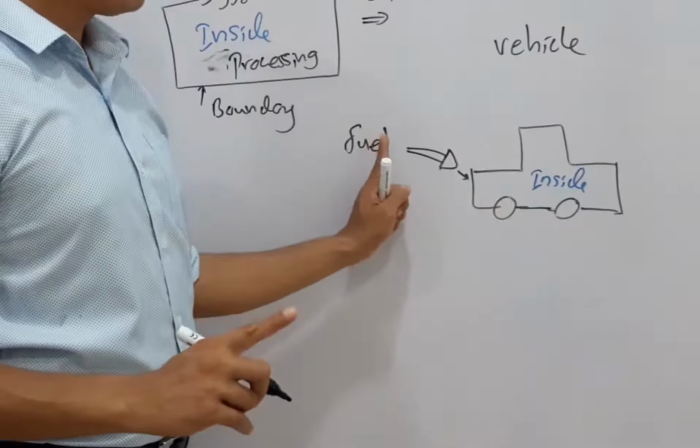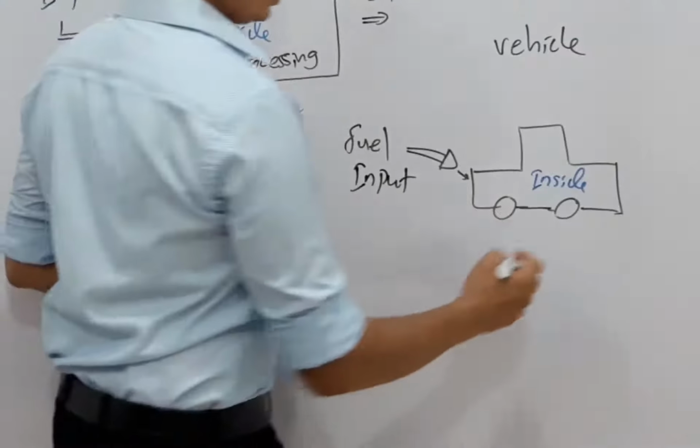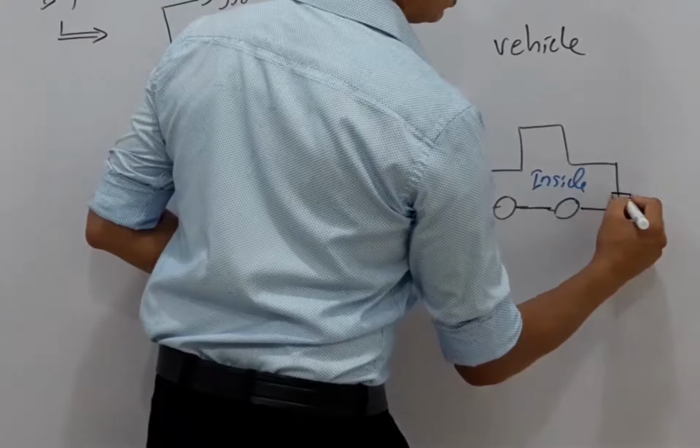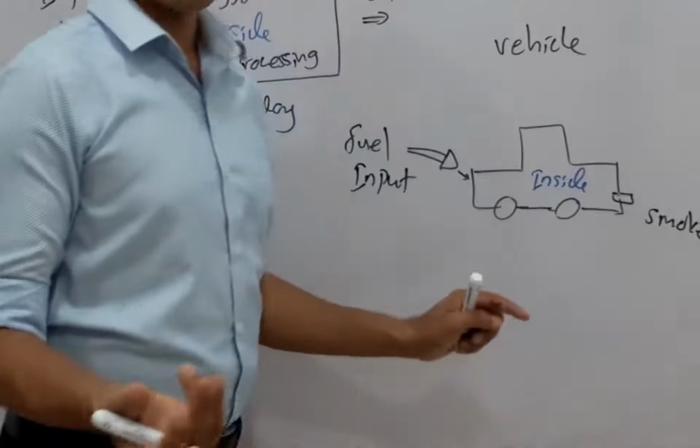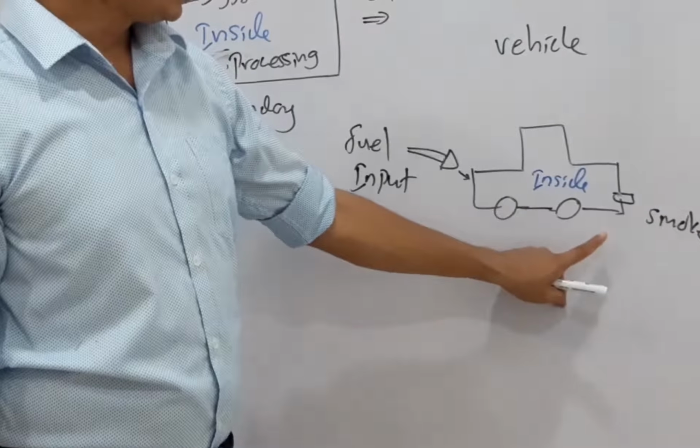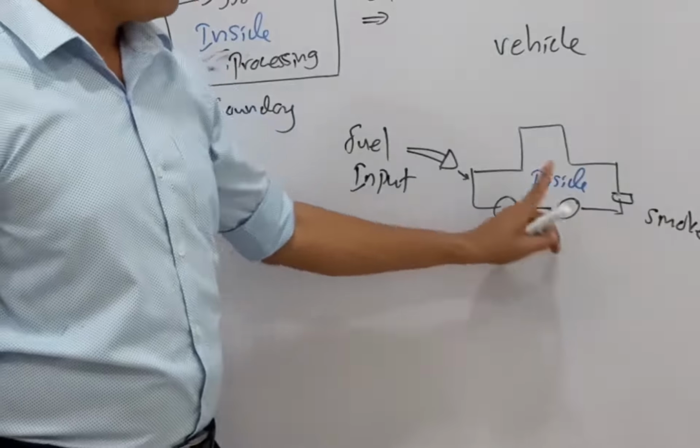The inputs for the vehicle, just like fuel, are given from outside. On the other hand, the vehicle gives out smoke, bad smoke, carbon dioxide, some other chemicals. Is that kept inside the vehicle or is that given out? Out. So this is also an open system.